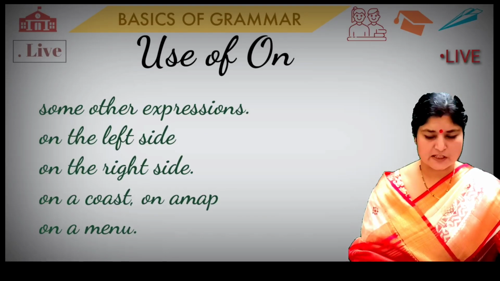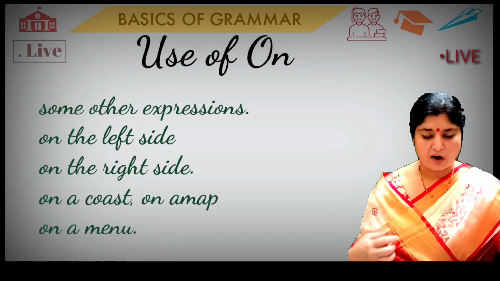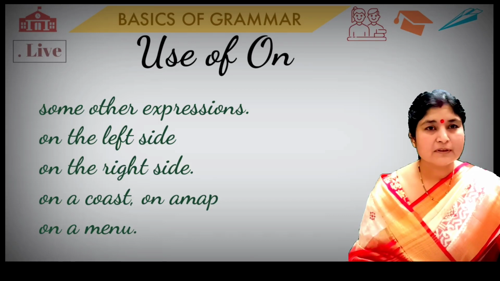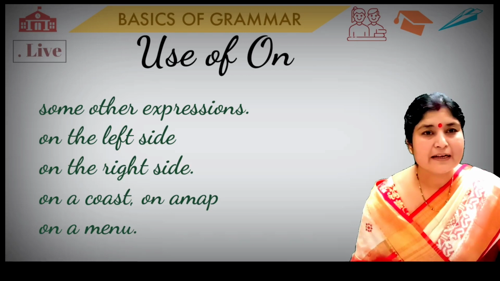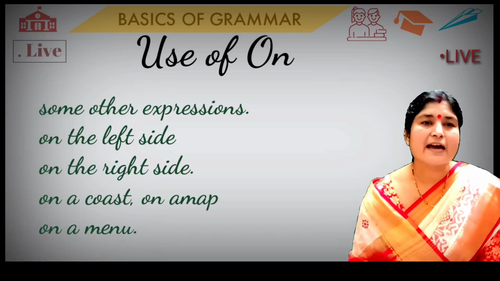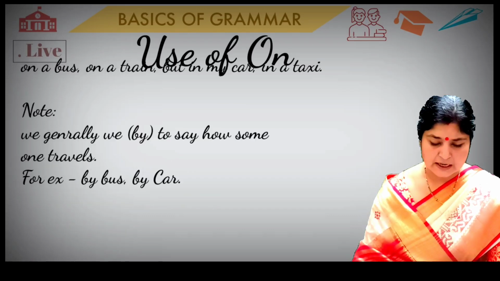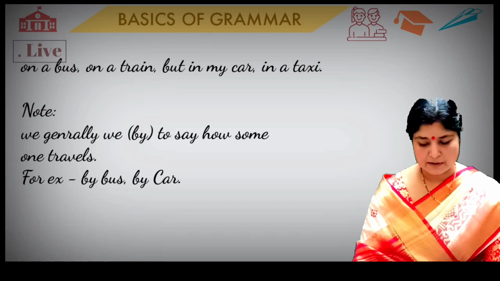Some other expressions are: on the left side, on the right side, on a coast, on a map, on a menu, on a bus, on a train, but in my car, in a taxi. We generally use by to say how someone travels, like by bus, by train, by car.